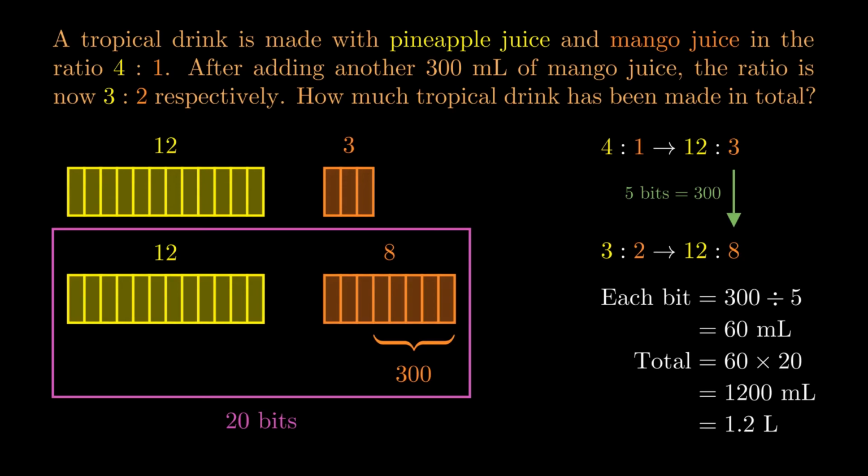And once we were there, we could divide by 5 to work out the size of each bit. And then we could just multiply to get whatever quantity we're interested in. In this case, it was the total. So we just had to add up all the bits we ended up with, and that was 12 plus 8 giving 20, and so we just had to multiply the size of each bit by 20 to get our final answer.